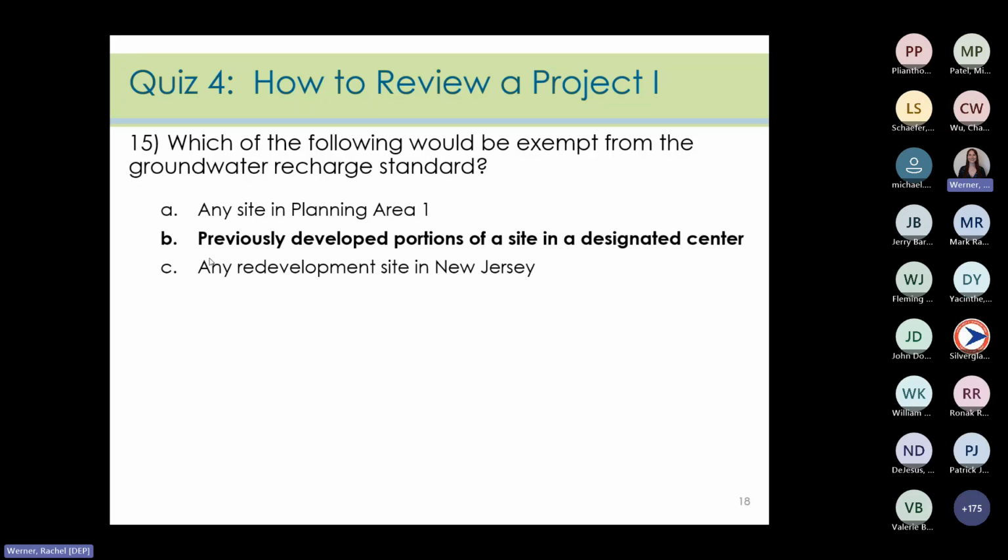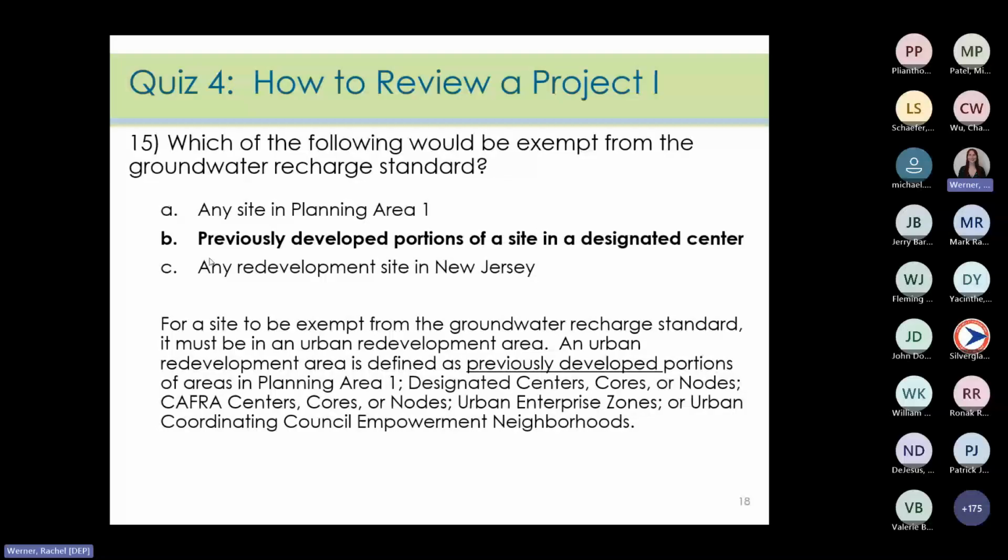It is previously developed portions of areas in Planning Area 1, designated centers, cores, or nodes, CAFRA centers, cores, or nodes, urban enterprise zones, or urban coordinating council empowerment neighborhoods.